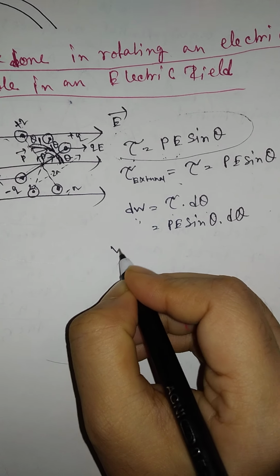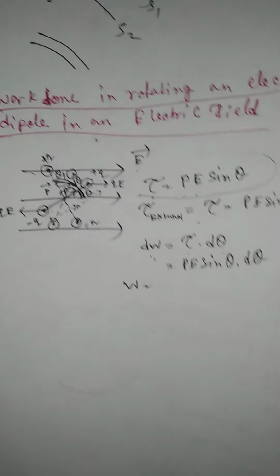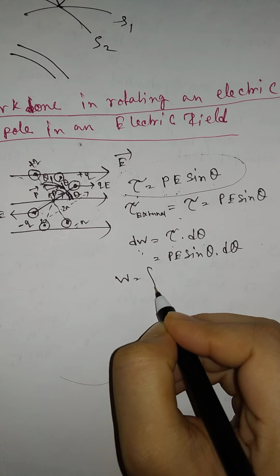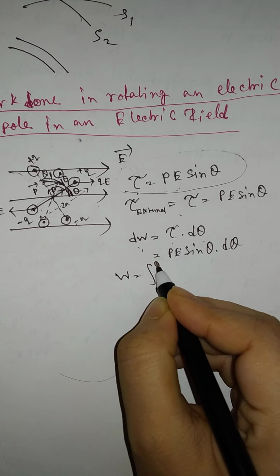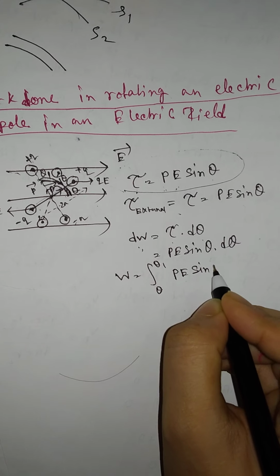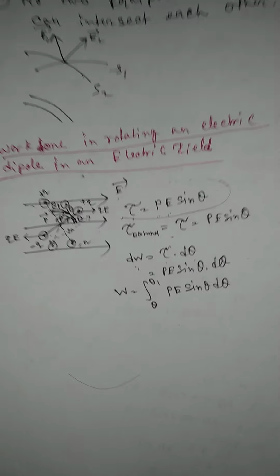So the total work done to rotate the dipole from theta to theta 1, W equals the integration from theta to theta 1 of pE sin theta into d theta.